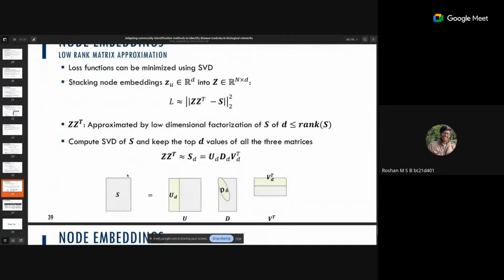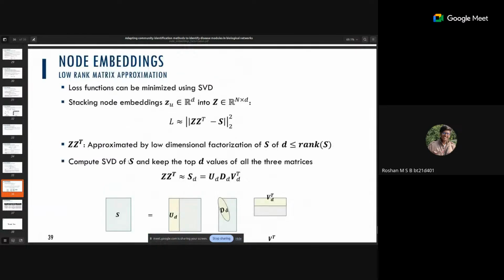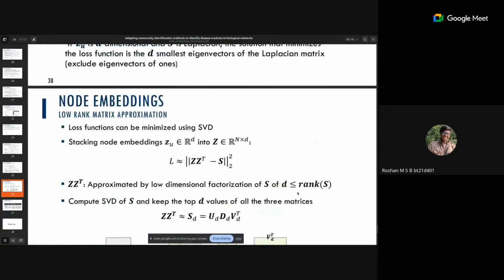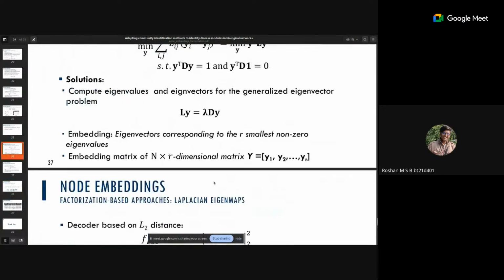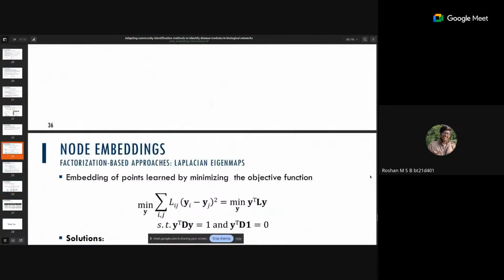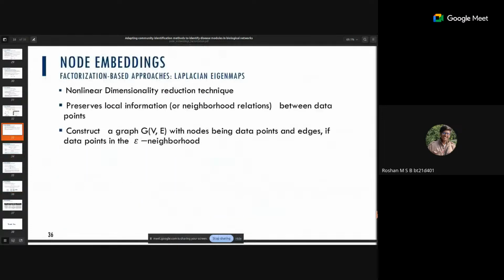This is again a visualization of how you do SPD so that you get the matrix, okay, with the reduced dimensionality. Any other doubts?